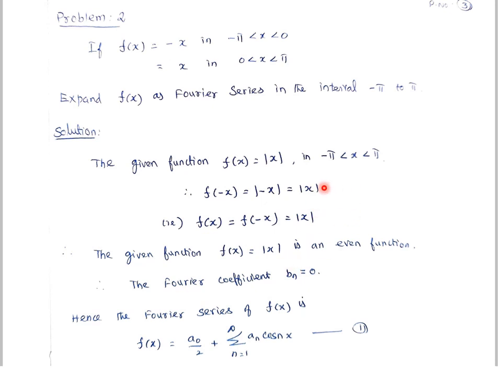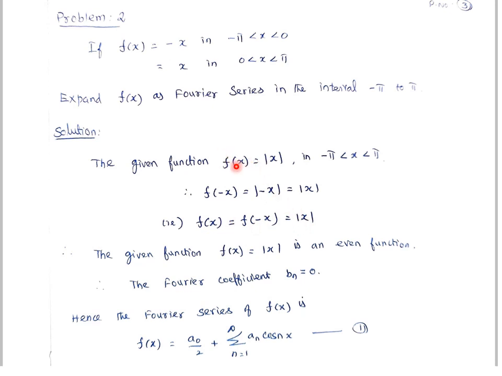Once again, I am saying that by definition, f of x is equal to modulus of x from the given condition. If you take the value x as minus x, f of x equal to modulus of x. Similarly, f of minus x is also modulus of x.